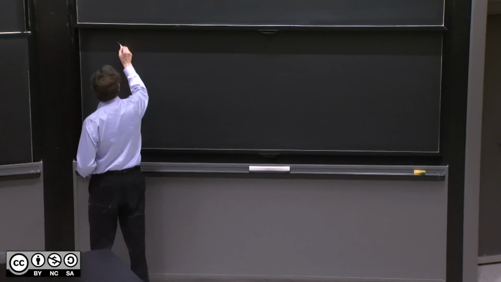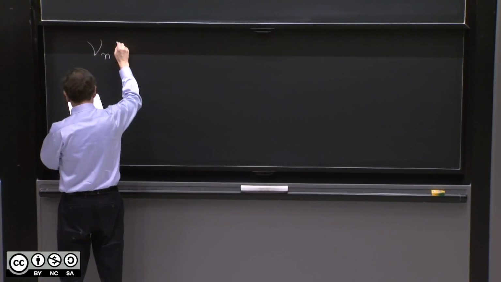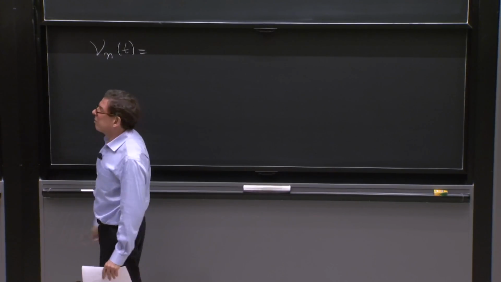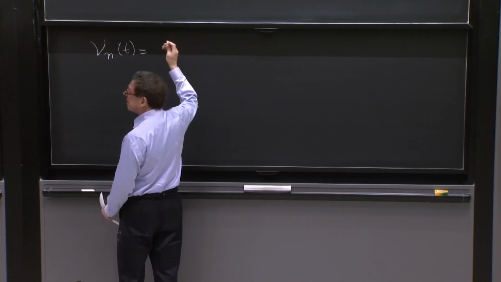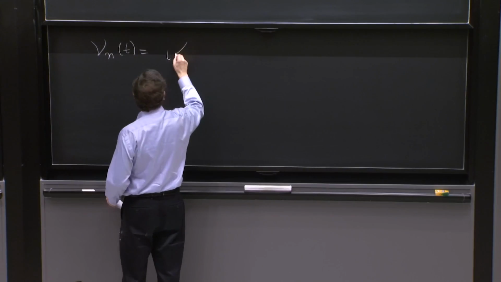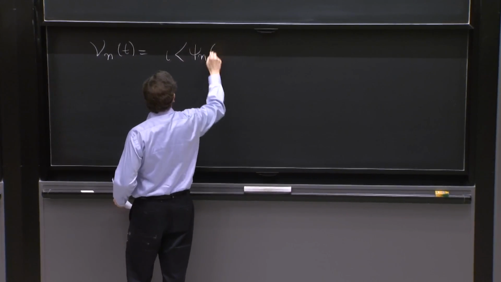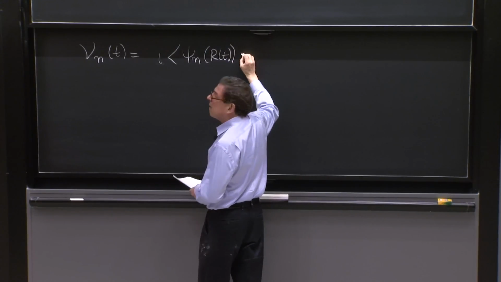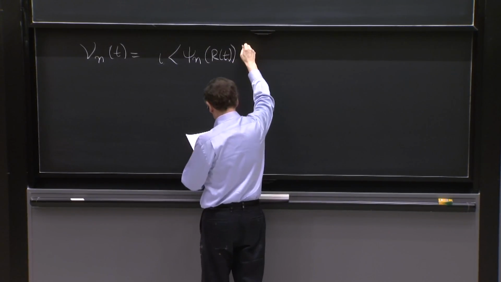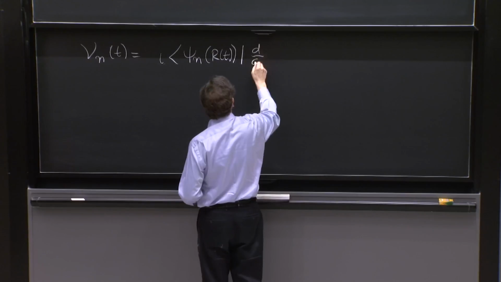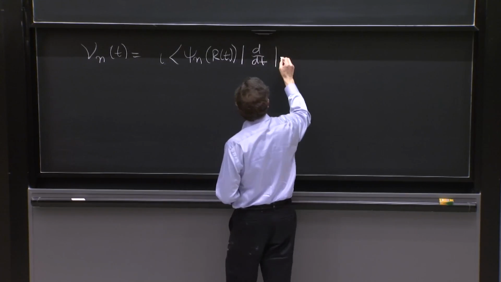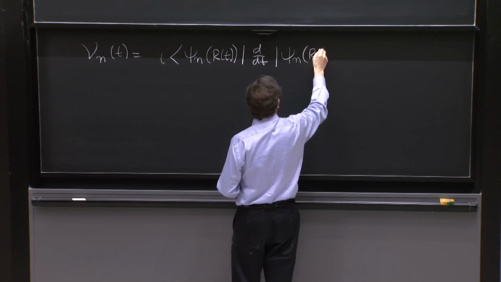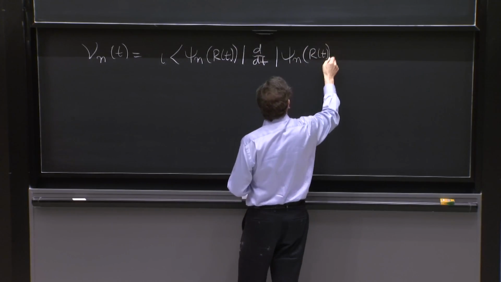I now have that new n of t that we wrote there. I have to write it as what it is: I psi n of r of t times, I'll write it here this way, d dt (the dot will be replaced by the d dt) psi n of r of t.